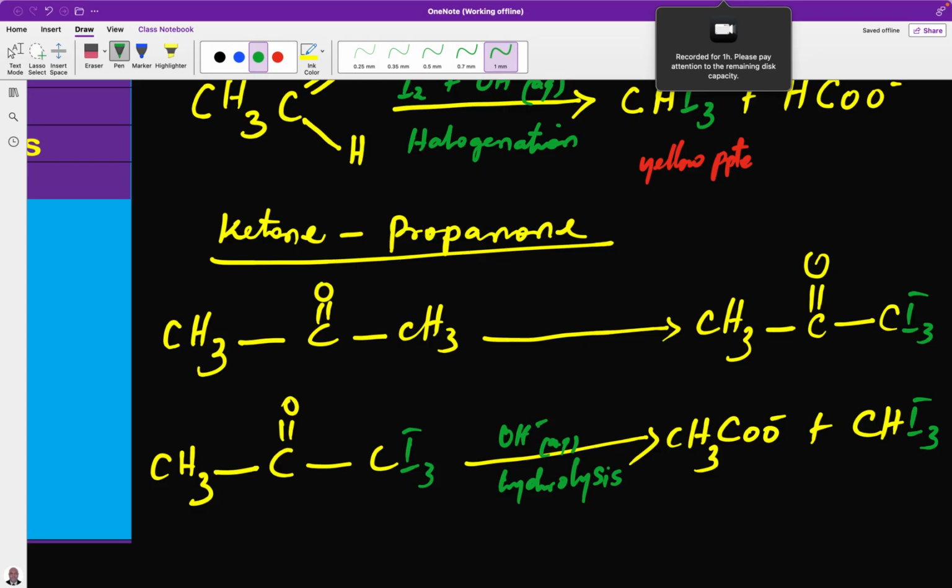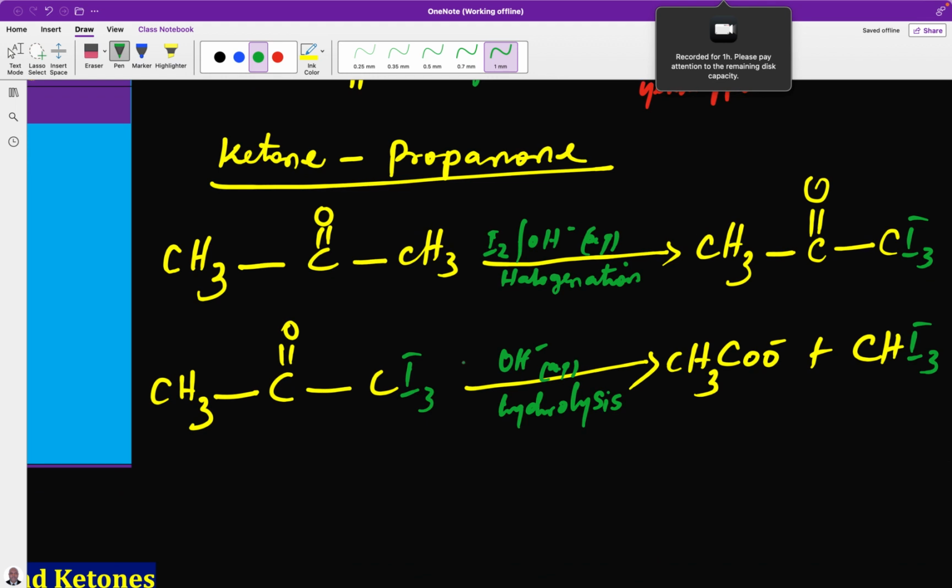And in the other case, here it was halogenation. And we now form our triiodomethane.